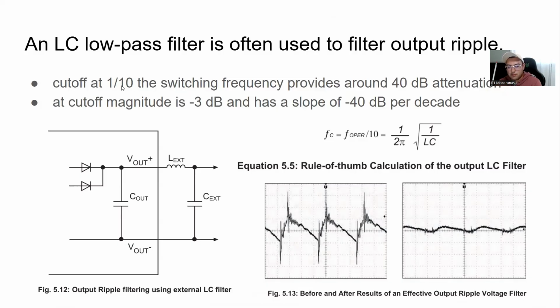So when we move out to 10 times the switching frequency, we've gone up a whole decade, and our magnitude has effectively gone down by 40 dB. So the switching ripple has been attenuated by 40 dB.